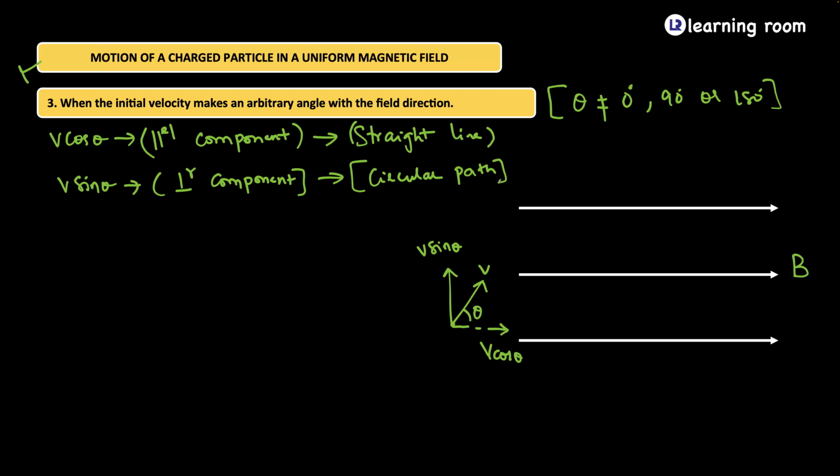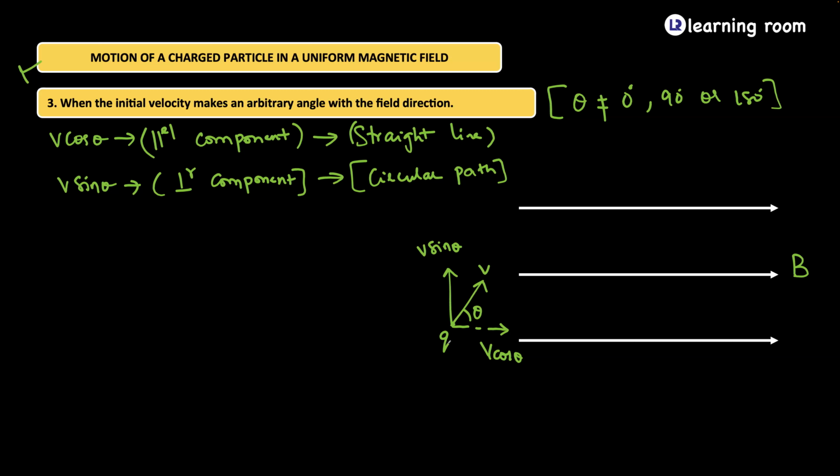So you take forefinger, apply it in the direction of field. Central finger in the direction of current. If I take this to be a positively charged particle Q, then it is going to be in the direction of current, and when you extend the thumb, it is going to be into the plane.